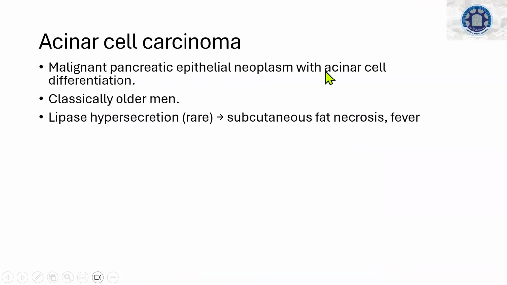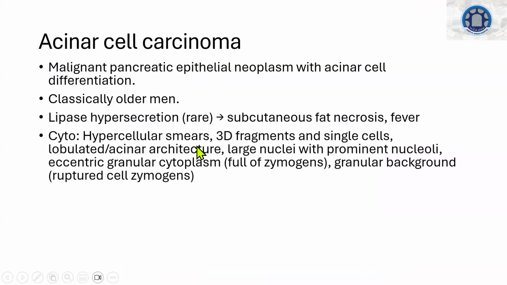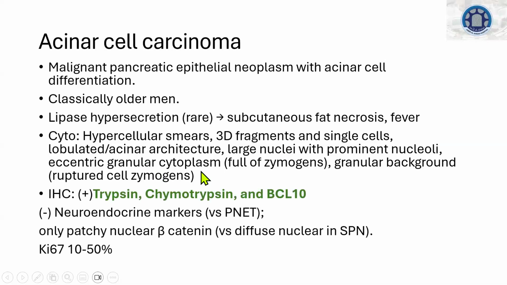So it's a malignant pancreatic epithelial neoplasm with acinar cell differentiation, classically in older men. So clinical correlation is important. Lipase hypersecretion syndromes will be associated. And you see these hypercellular smears with 3D fragments, acinar architecture, and large nuclei with prominent nucleoli. You can see a granular cytoplasm, and you can also look in the background, the granular background.